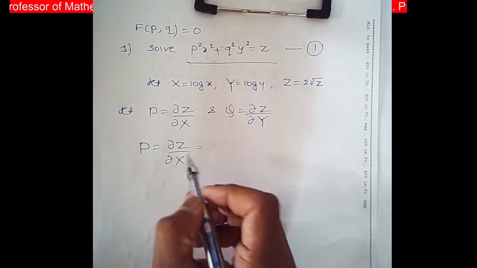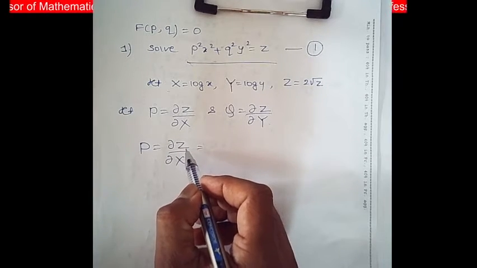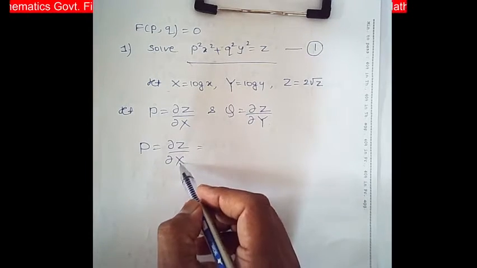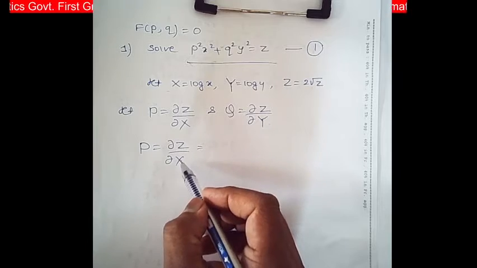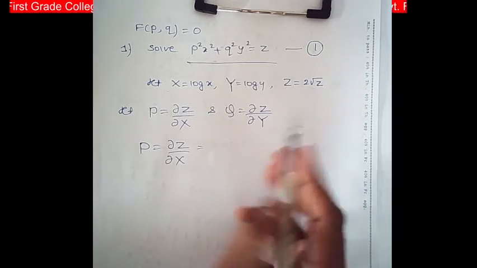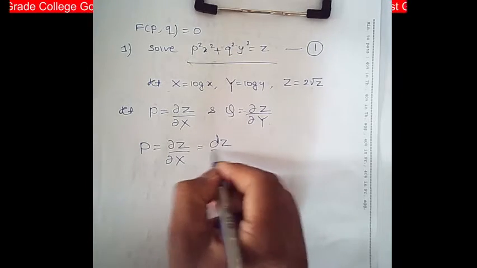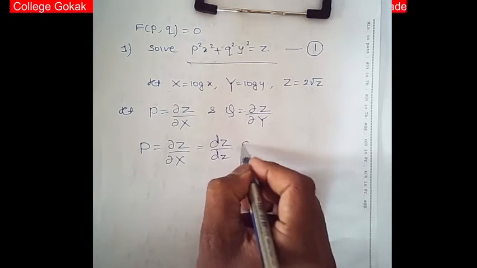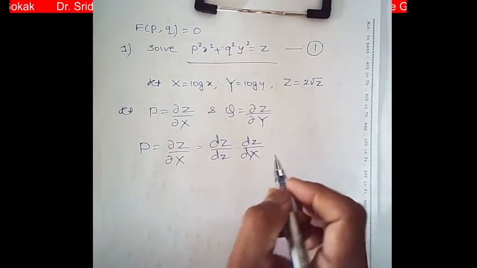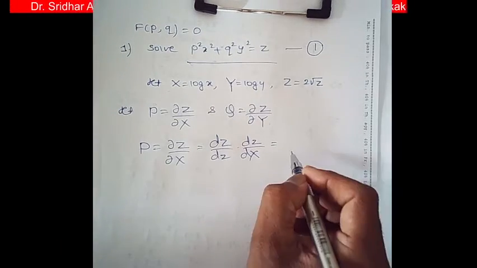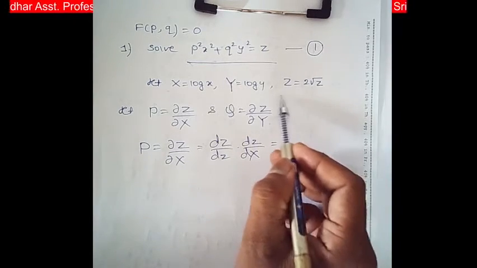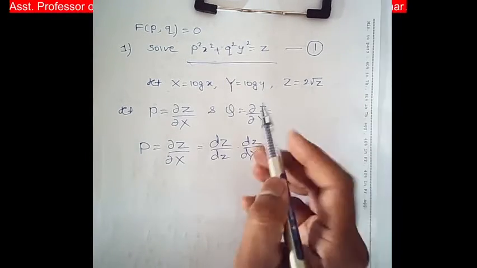Now therefore, now Z is a function of what? So Z is a function of small z, and we have to differentiate Z with respect to X. So first what we do, we differentiate Z with respect to small z, and then we differentiate small z with respect to capital X. Okay, so from this equation we can differentiate this with respect to small z.